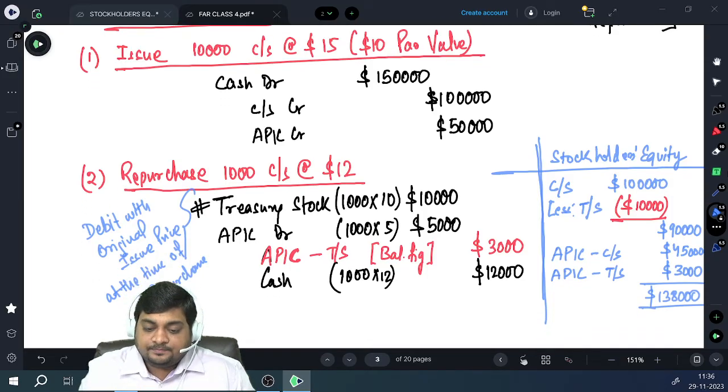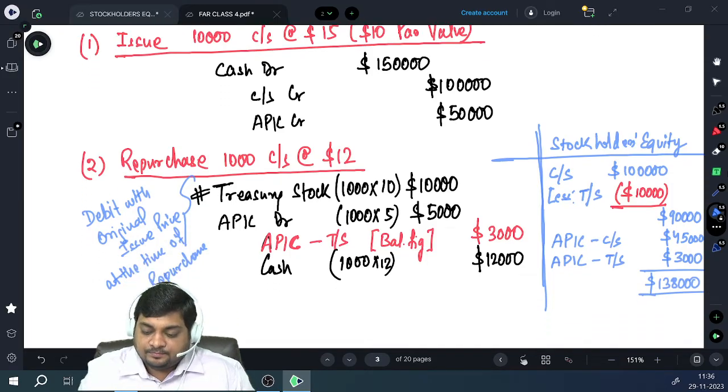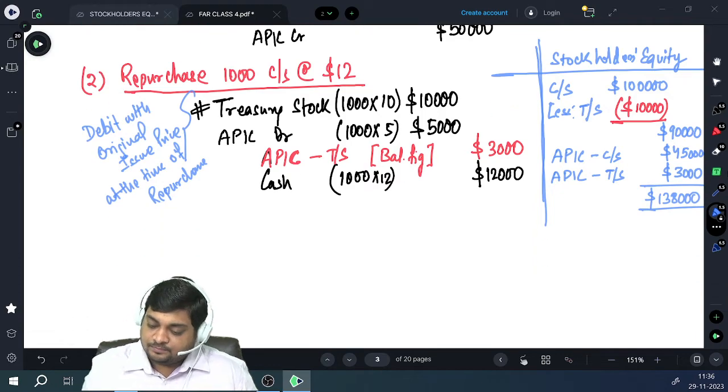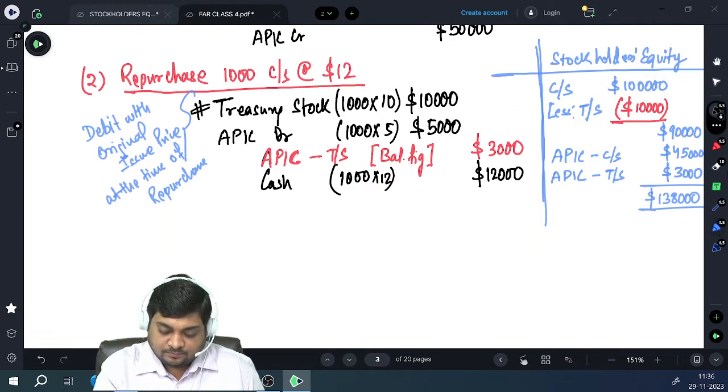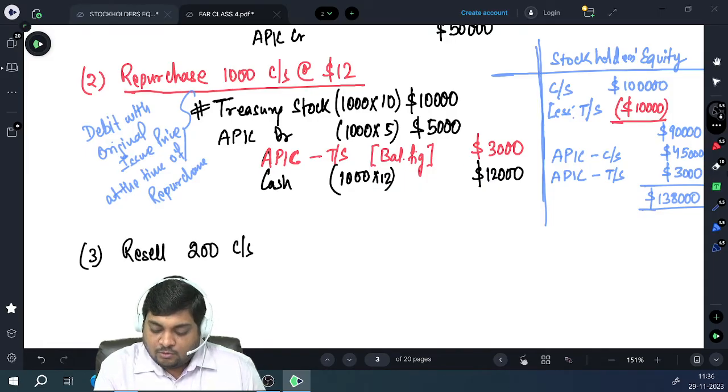Clear? Resell 200 common stock at the rate of 13.